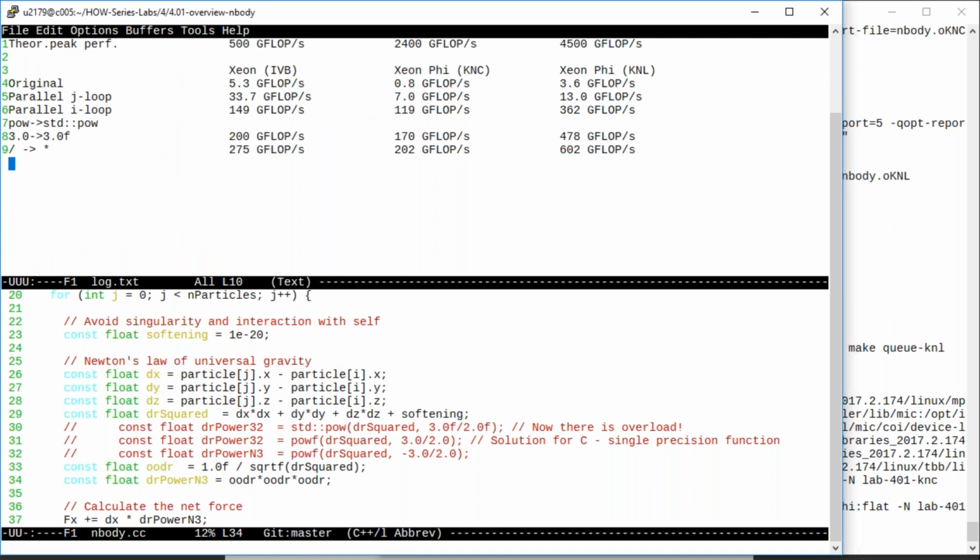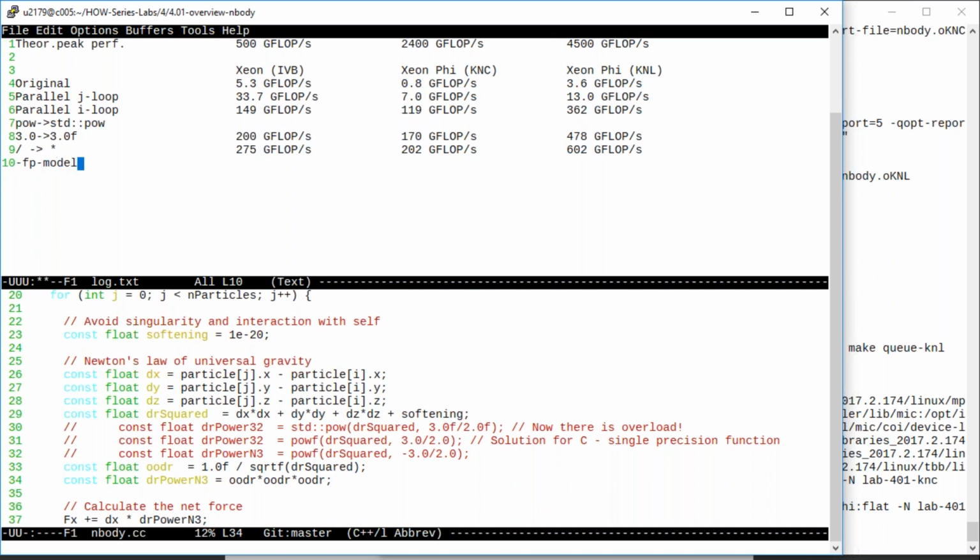Denormal numbers fill the gap between 0 and float min, and their handling is optional, but these denormals are flushed to 0 in Knights Corner anyway. They are still handled by software, which doesn't make sense. So fp-model fast=2 is just to push the scalar optimization to the limit.